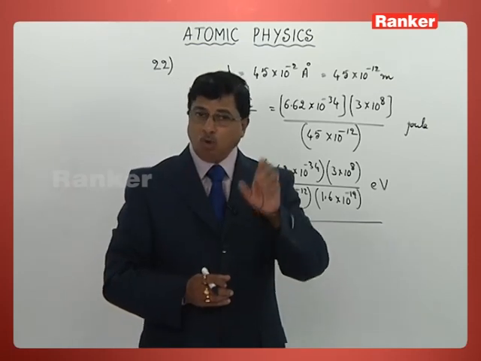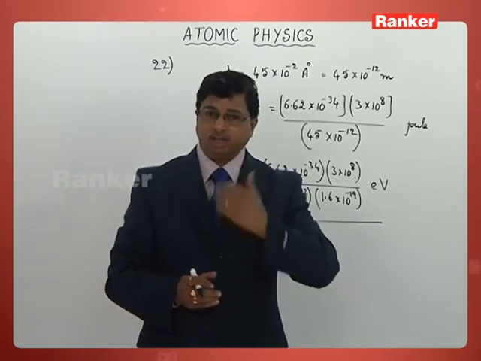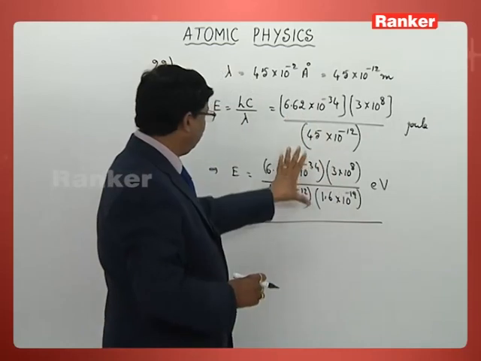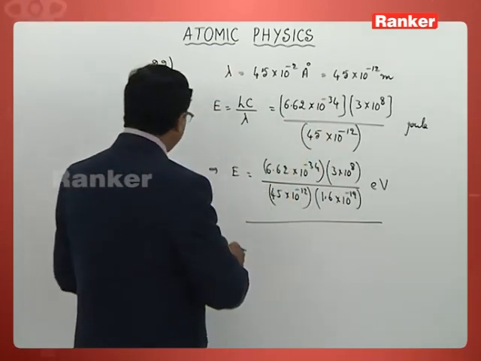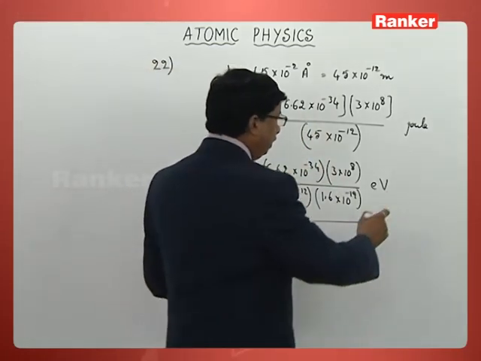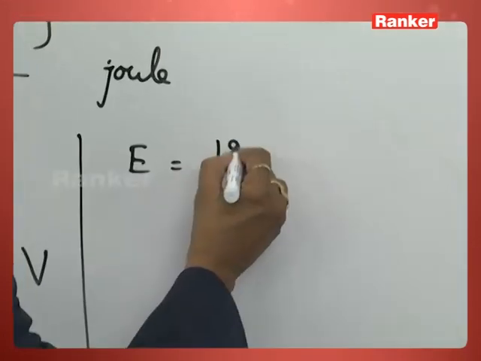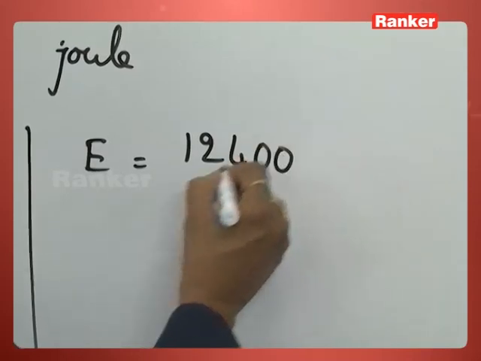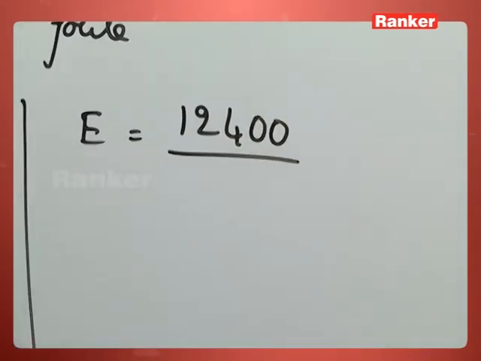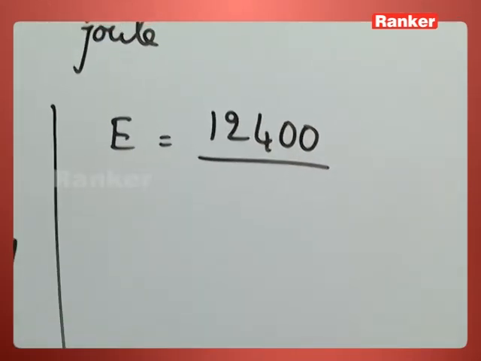So, if you want the shortcut way, don't work out this way, straight away you take this method. What is that? Energy E is equal to 12,400 by lambda taken in angstrom units directly.